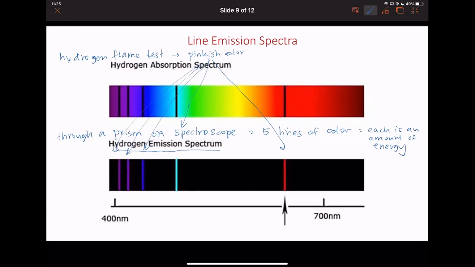So that's where Niels Bohr comes in. He looked at these colors, he looked at the pink, he looked at these 5 lines of colors that are produced when you run it through a prism. He said, how does that one electron in hydrogen produce 5 different amounts of energy? It's only one electron. How can it do 5 different amounts of energy?